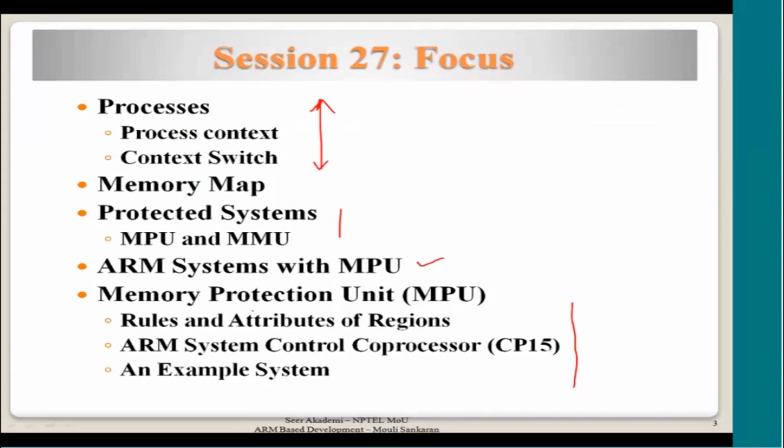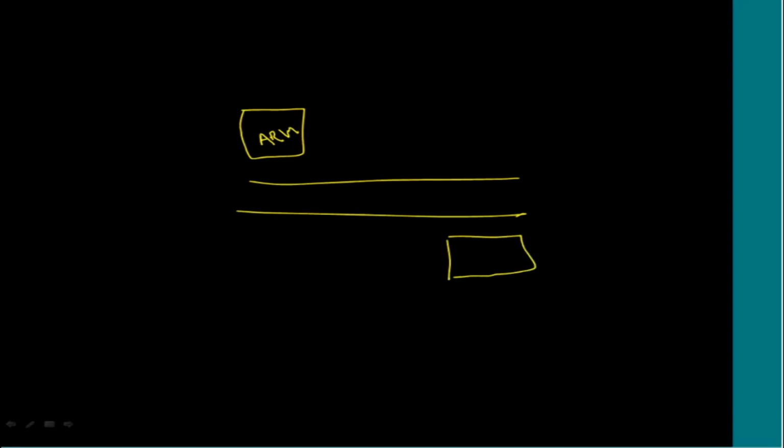Now just to give you an overview, let me choose a nice color. We saw the ARM processor, then we touched upon coprocessors, and then we saw memory hierarchy, and then some memory controller. This is main memory, which I am assuming to be outside of the SoC, with the memory controller connecting to that.